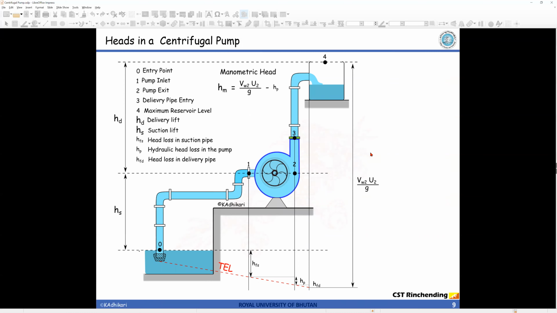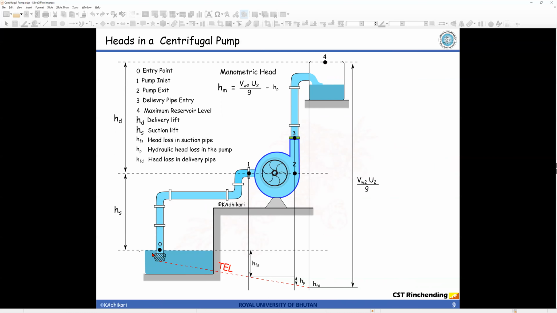With this, let's understand the various heads in a centrifugal pump. You can see this is the typical layout of a pump. There is the sump or the liquid that you want to transfer to a higher elevation, and this is the place where you want to transfer this liquid. Point 0 is the elevation at the full tank point, point 1 is the inlet, point 2 is in the same line but at the outlet section, number 3 is the delivery valve, and number 4 is the full reservoir condition.